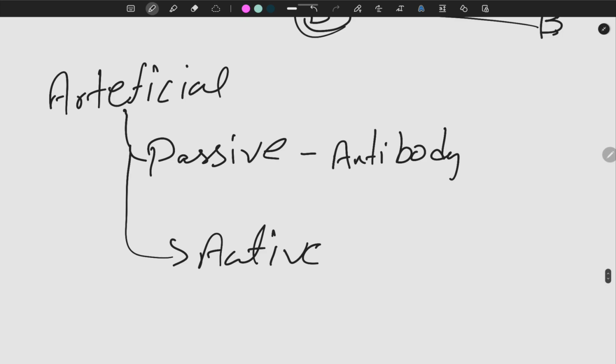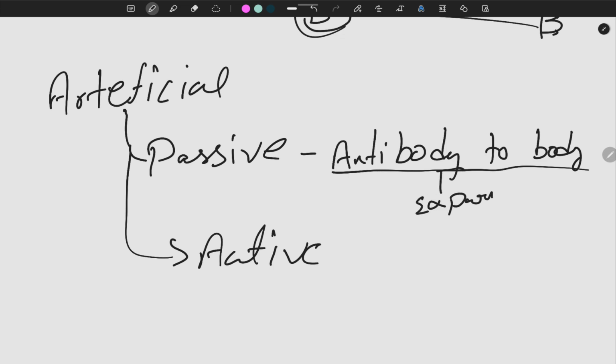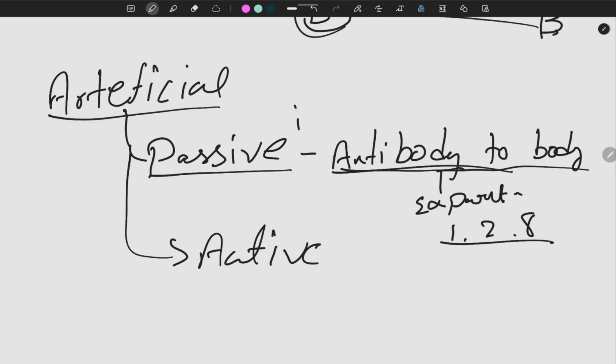So when the person doesn't have the ability to produce antibodies, what do we do? We give the antibodies to the body. These antibodies will have an expiry date. They will be present for a limited time, 1 year, 2 years, 8 years, like that. So this is passive artificial immunity.